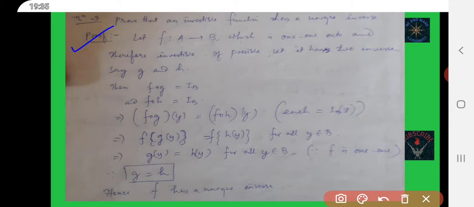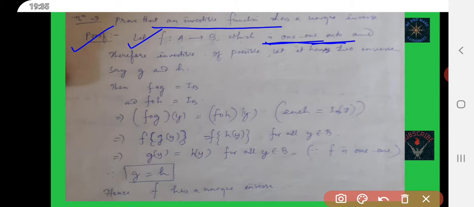Function f mapping from A to B, which is 1-1 onto. Here what is given? The function is an invertible function. Invertible function means it must be a 1-1 and onto function.